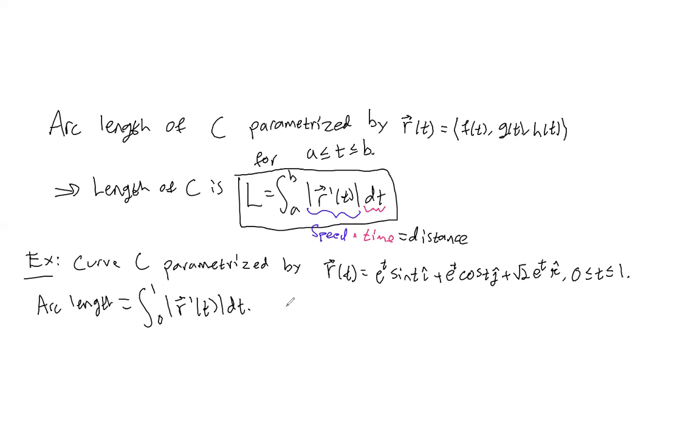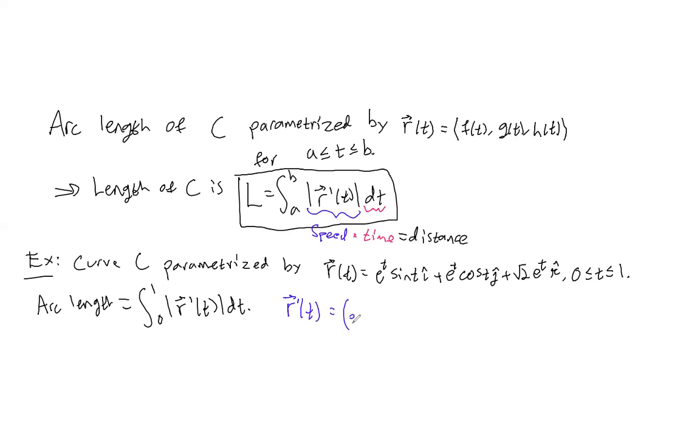Now what do we need? Well, the first thing we're going to need to do is to find r prime, right? In keeping with my style, I'm going to do this in blue to show that we're answering the question now. R prime of t, we're going to need to know this.